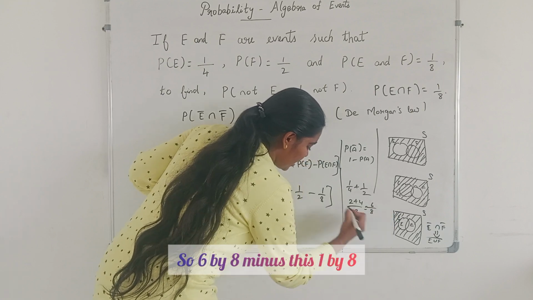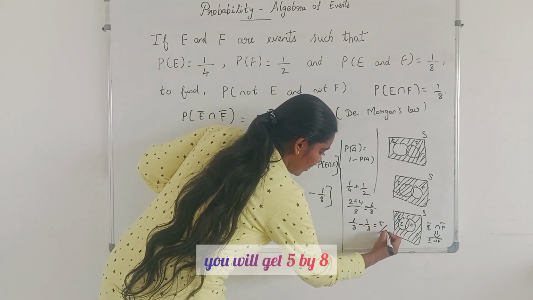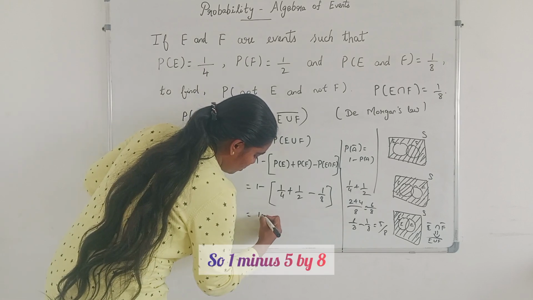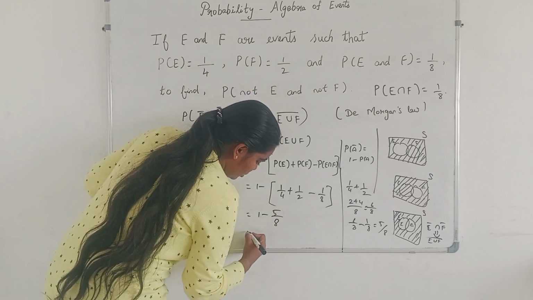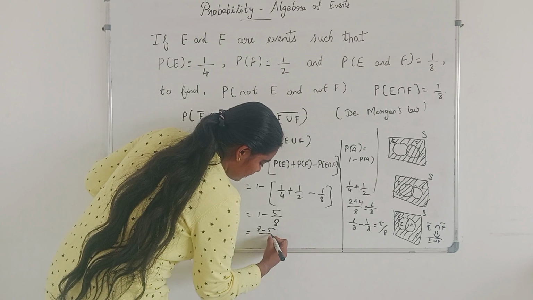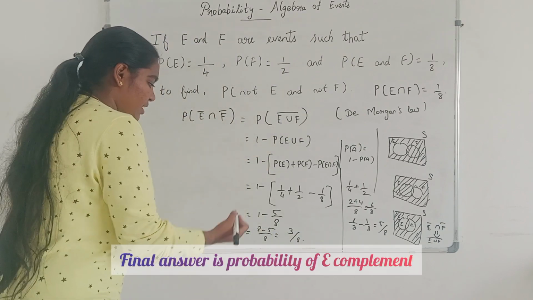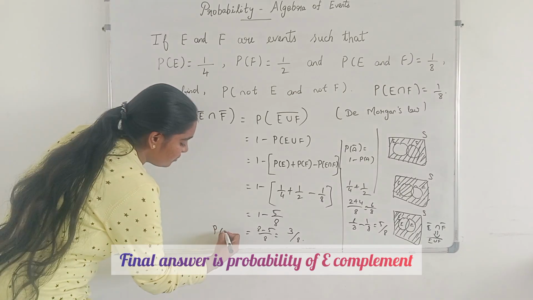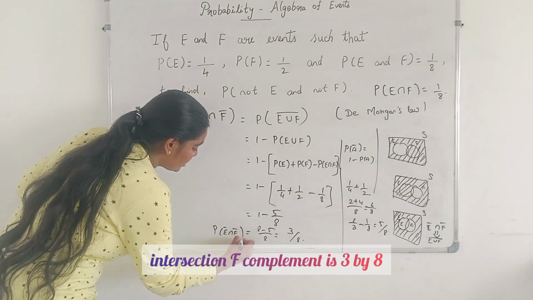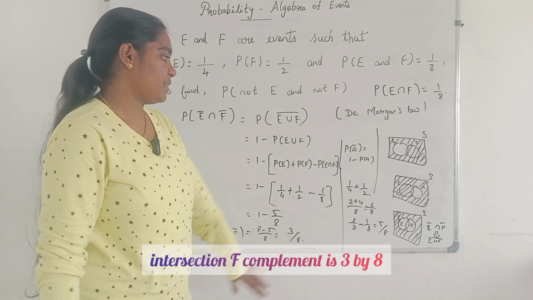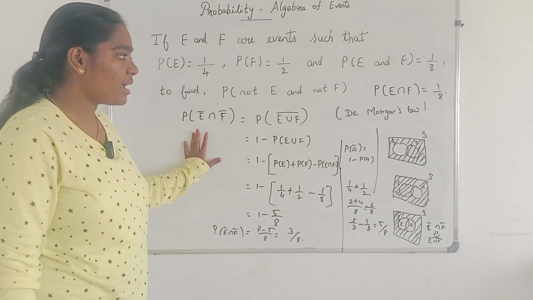So 6 by 8 minus 1 by 8, you will get 5 by 8. So 1 minus 5 by 8, by taking LCM, is 3 by 8. Final answer: probability of E complement intersection F complement is 3 by 8. This is the final answer.